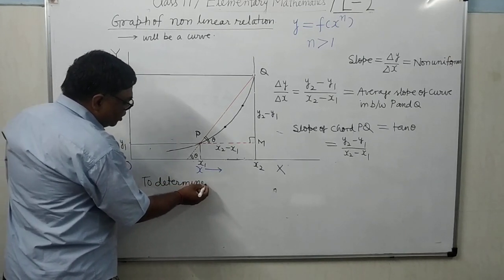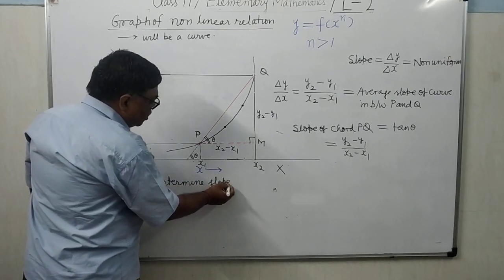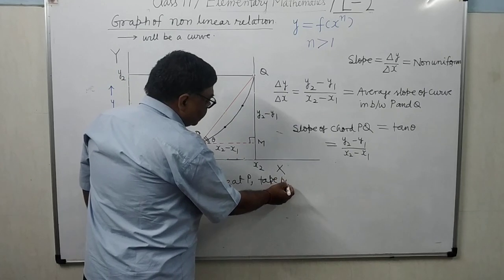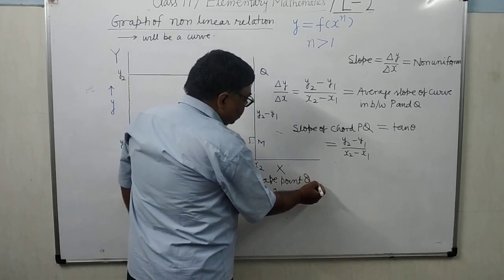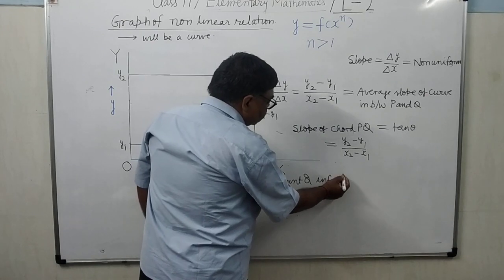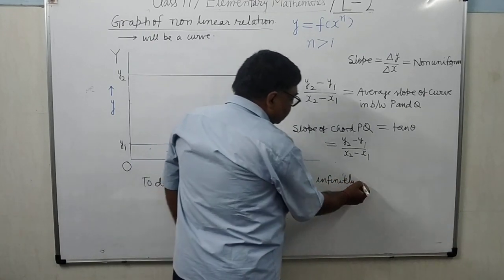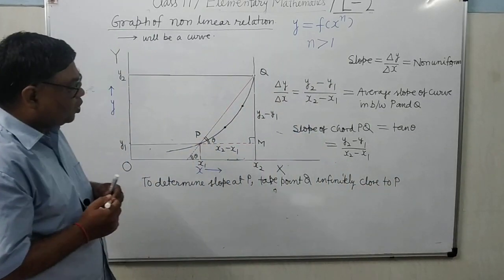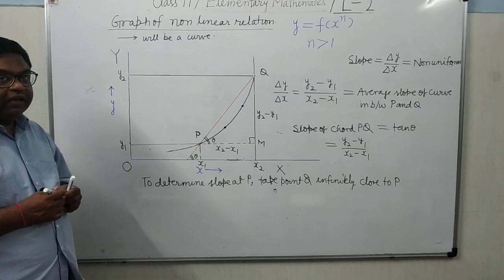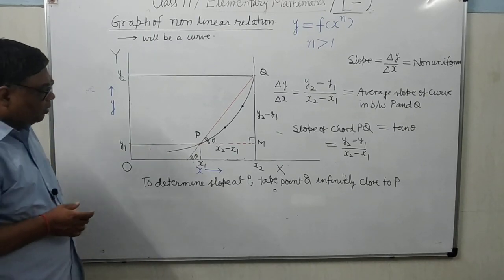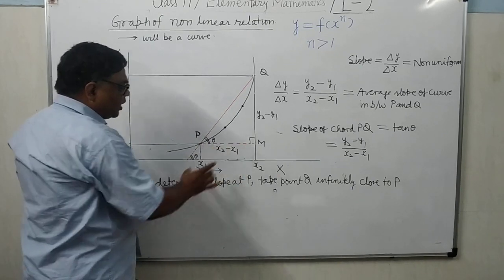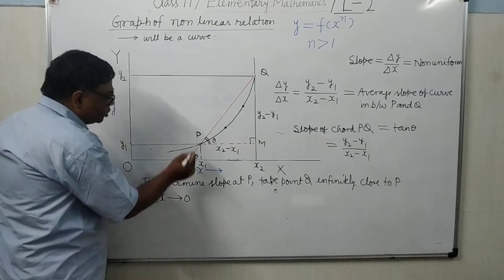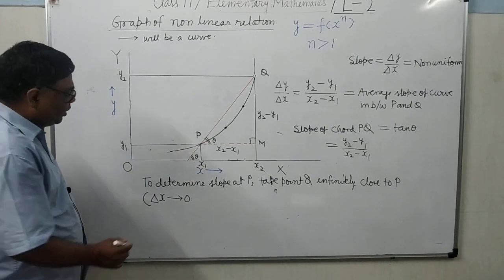To determine slope at P, take point Q infinitely close to P. It is clear? Infinitely close to P means what will be this separation? What will be the delta x? Delta x will be tending to 0, because Q is very close to P.